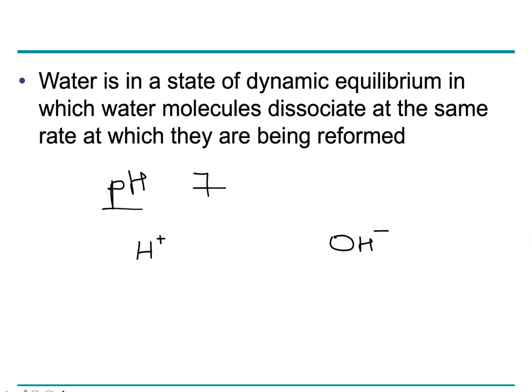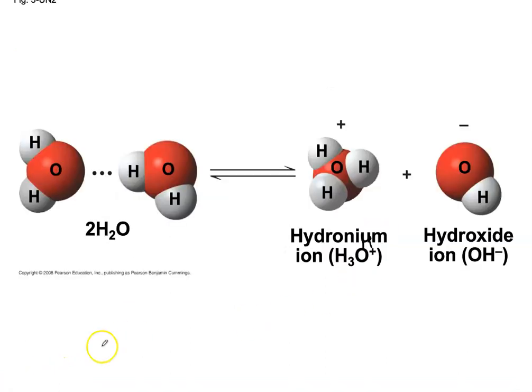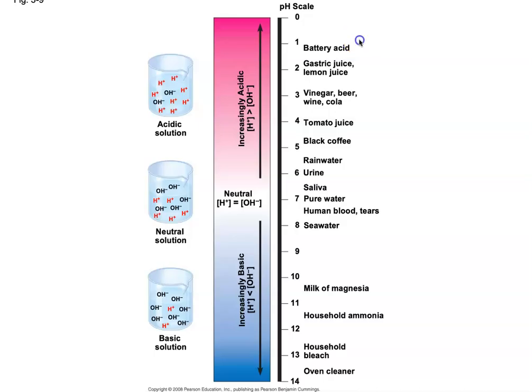So if I look at the pH scale, anything up to this is going to have a higher concentration of H plus ions than OH minus ions.